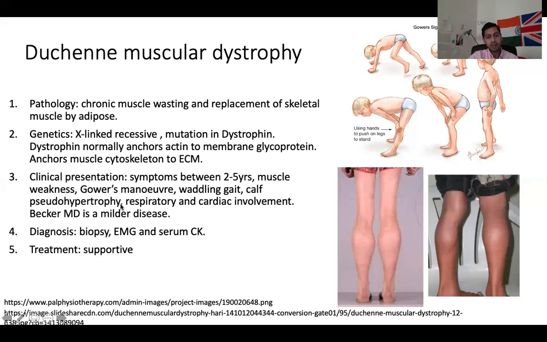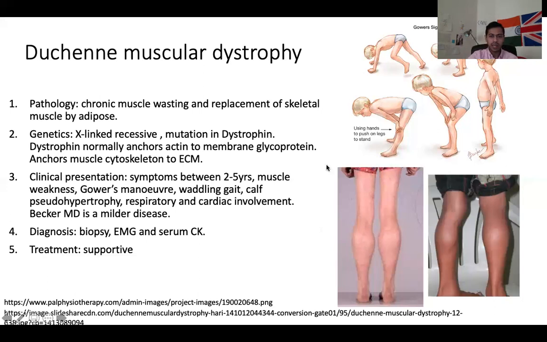And the pseudohypertrophy of the calf muscle here is because, as I mentioned, the muscle has been replaced by adipose. It's actually full of adipose tissue rather than muscle tissue.